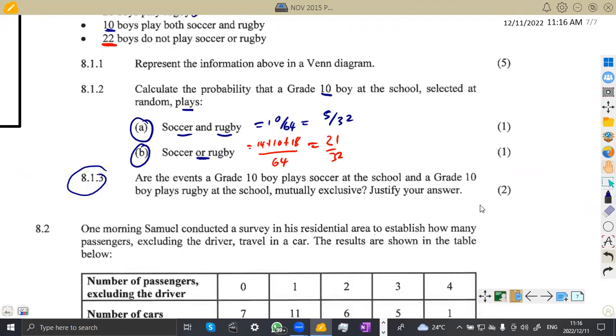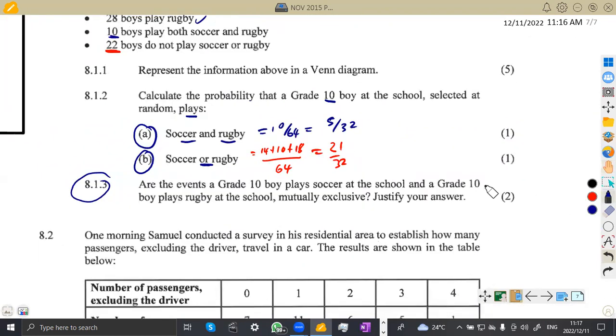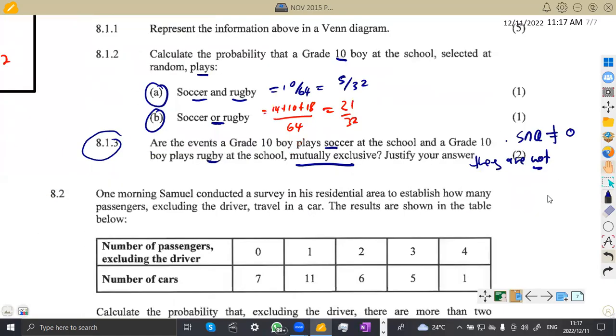We saw that there is an intersection between these two of 10 elements. Under mutually exclusive, we know that the intersection of the two, that is soccer and rugby, must be equal to 0, but this one is not equal to 0. So they are not mutually exclusive.